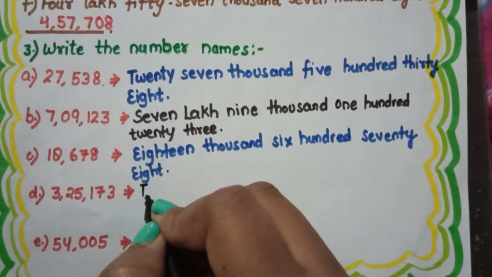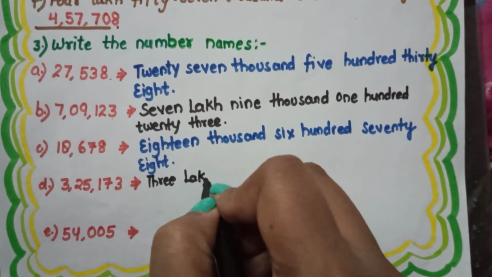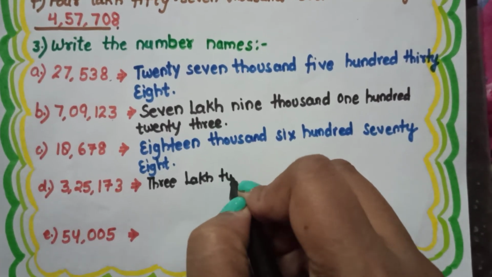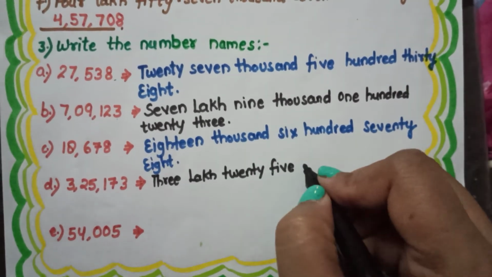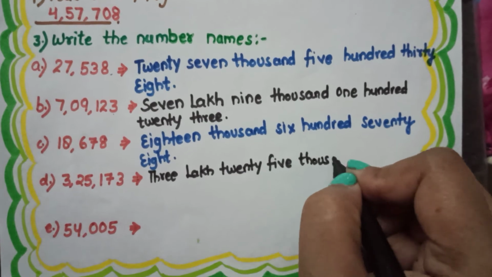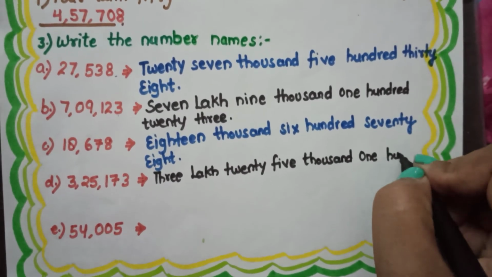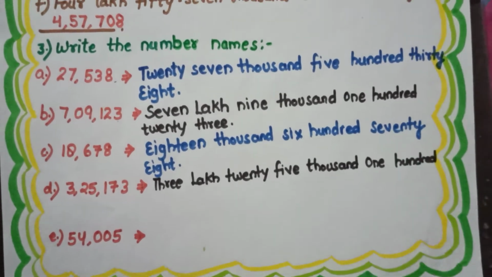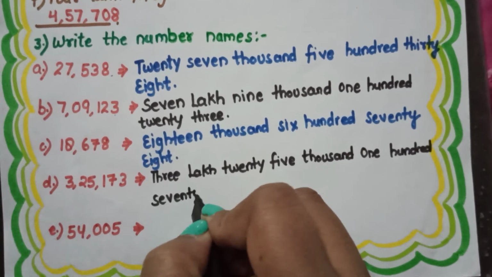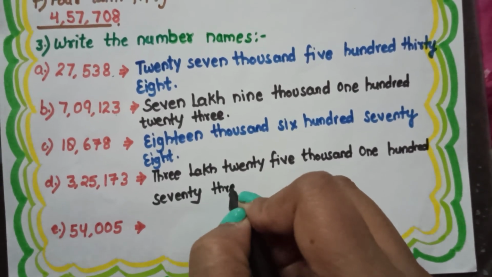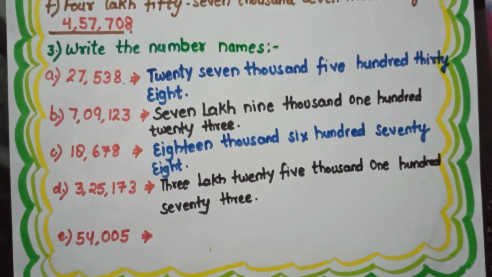So let us write down its number name: 3 lakh 25,000, 173. And it's done.